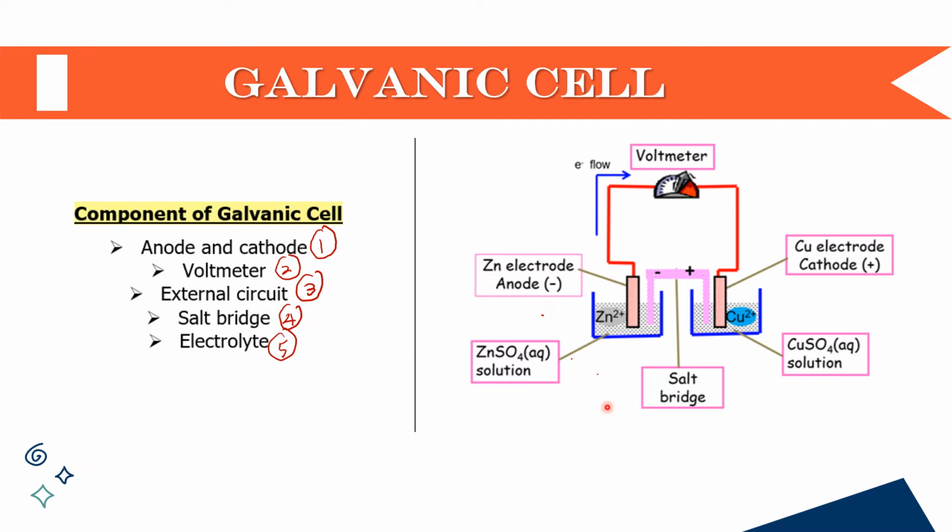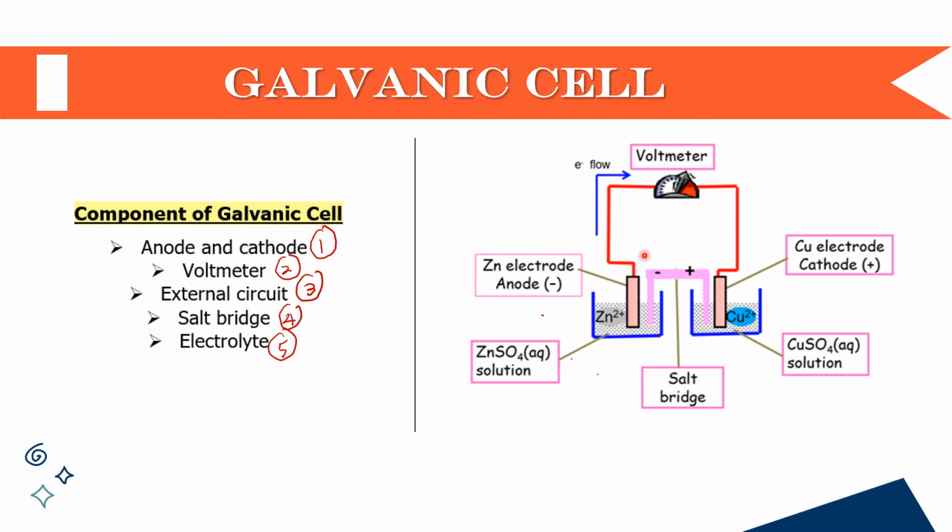Here we have two electrodes, one for the anode and another for the cathode. Then we have two separate beakers, and the beakers contain an electrolyte compatible with the electrodes, if we are using active electrodes.